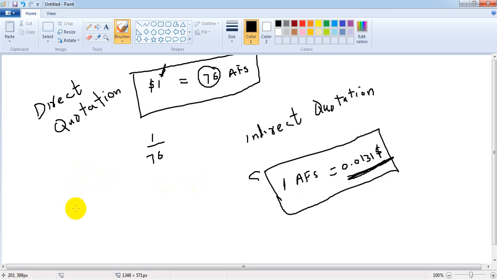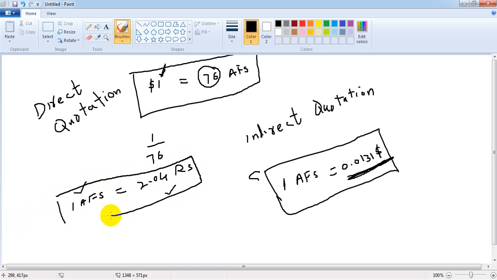Take another example. Now 1 Afghani is equal to 2.04 rupees. Now 1 unit of local currency is equal to how many units of foreign currency? This is now indirect quotation.